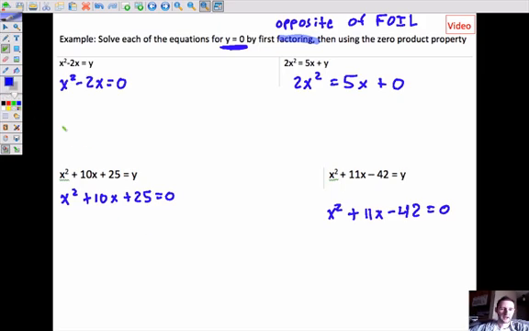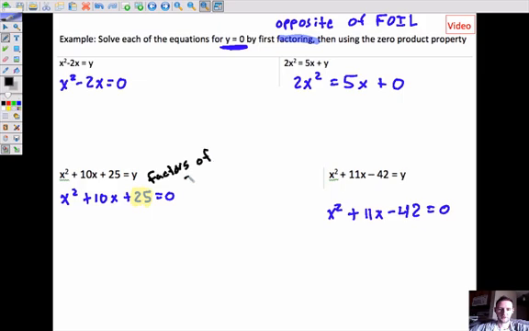We need to first look at the constant term. I'm going to start with this one first because it's probably one of the simpler ones. In order to factor it, we're looking first at the constant term, and I'm looking for the factors of the constant.